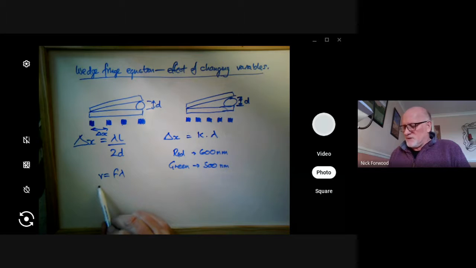So lambda equals v over f. And v is a constant, 3 times 10 to the power of 8. So if f becomes bigger, if the frequency becomes bigger, the wavelength becomes smaller.